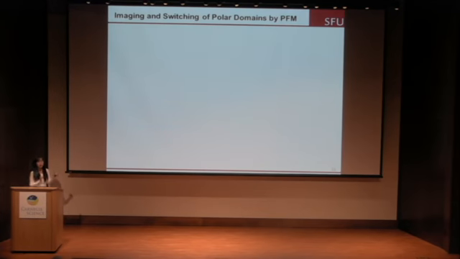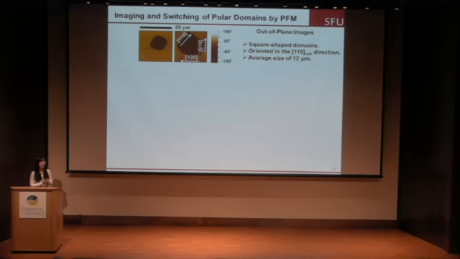We suspect they are ferroelectric domains, so we carried out PFM analysis. And on the PFM, again, we observe these kinds of square patterns, and they are very similar to the previously observed islands in terms of orientation and size.